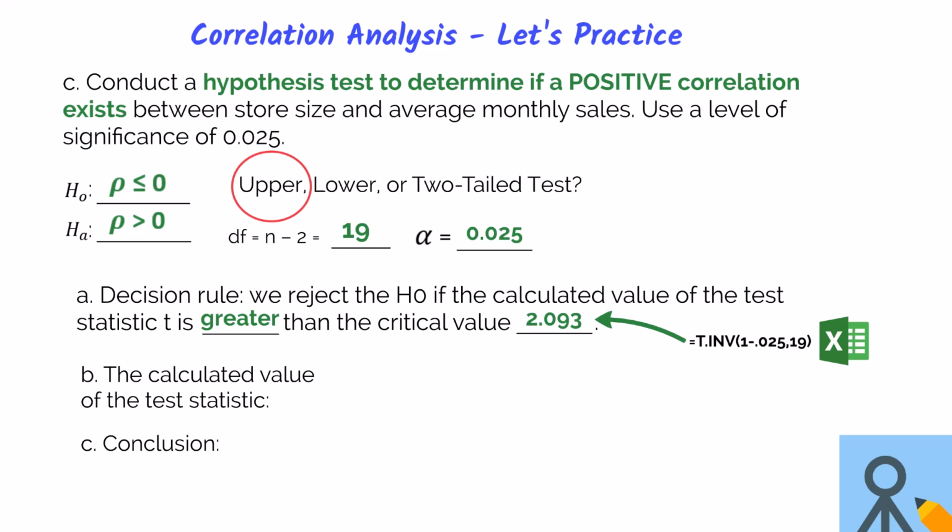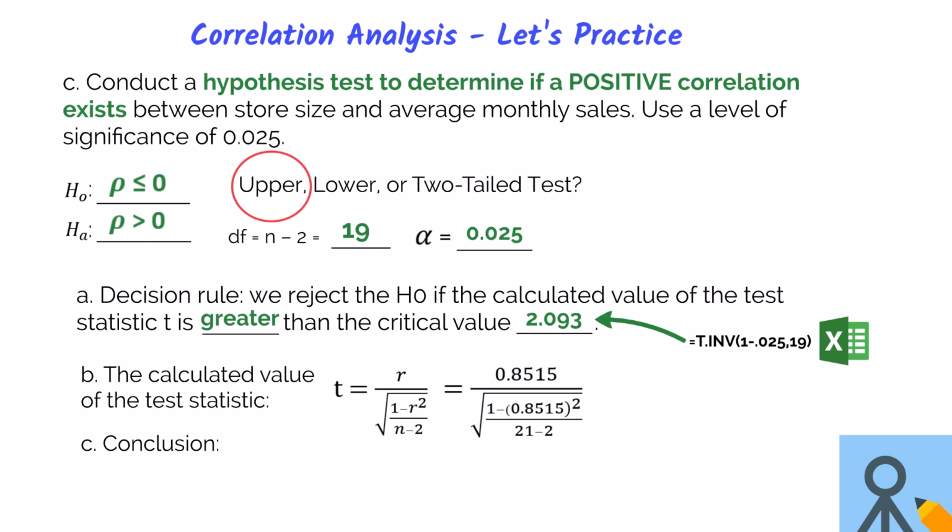Next, we need to calculate the test statistic t. So here is that formula that we saw earlier, and we will just plug in the values and solve. So in the numerator, we have the sample correlation coefficient of 0.8515 that we calculated in part B on the prior slide. Then in the denominator, we will take 1 minus the sample correlation coefficient squared divided by the degrees of freedom of 21 minus 2.